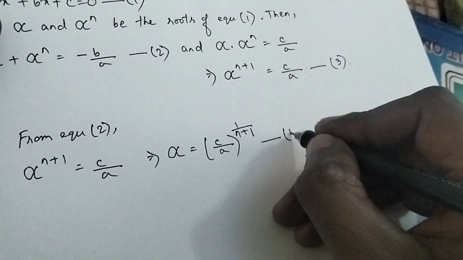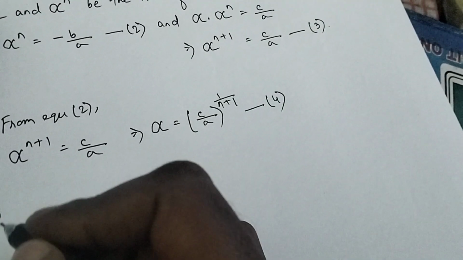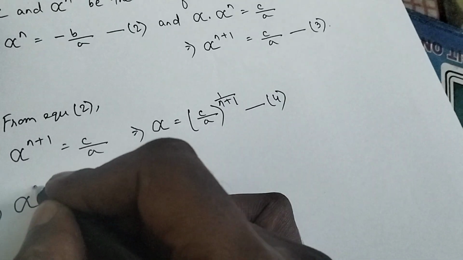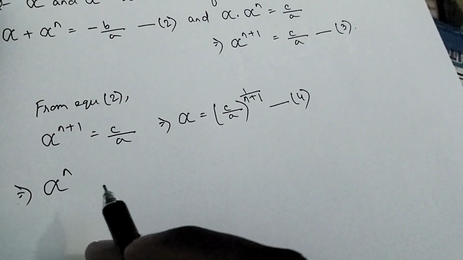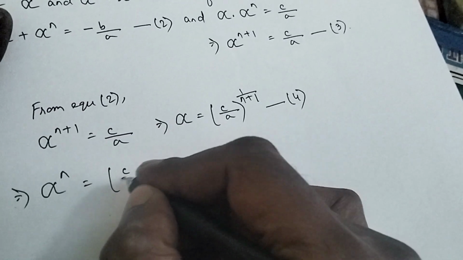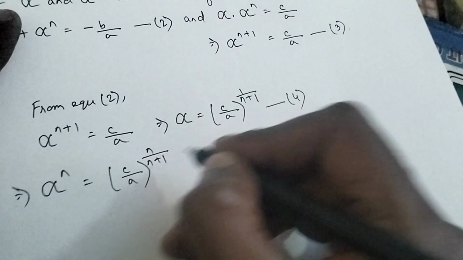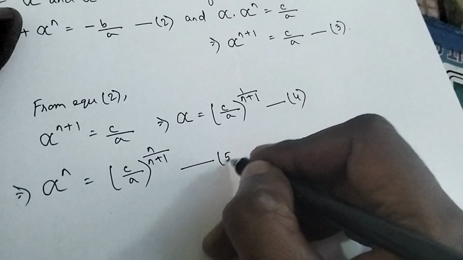Name it as equation 4. Implies that alpha to the power n will be c by a to the power n by n plus 1. Name it as equation 5.